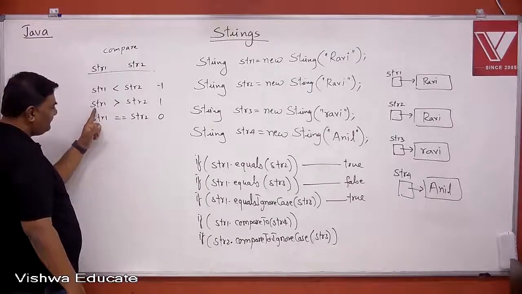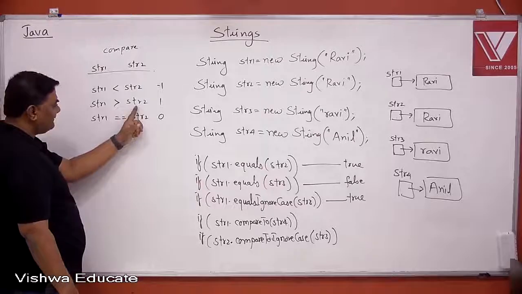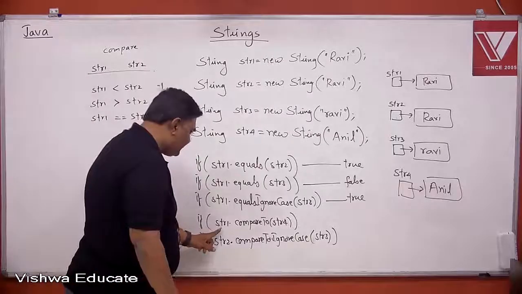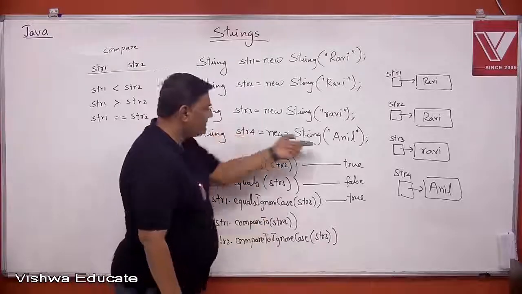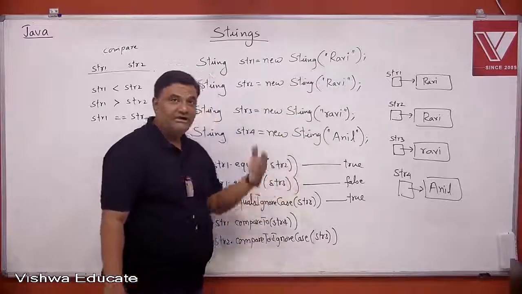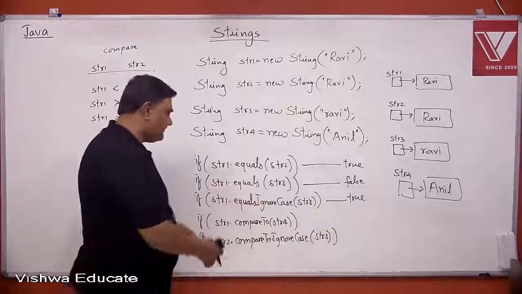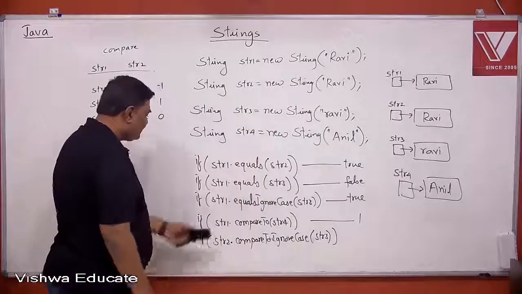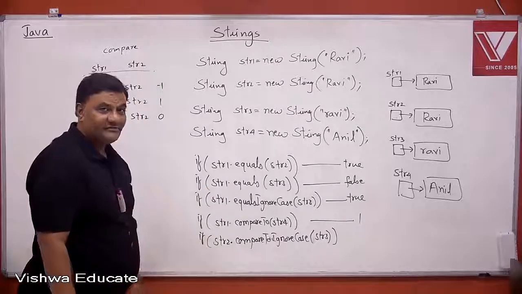If this one is coming afterwards of str2, then we get answer 1. So str1 and str4, who is coming afterwards? str1 is coming afterwards. So the answer here is 1, right? String 1 is greater than string 4, so we get answer 1.